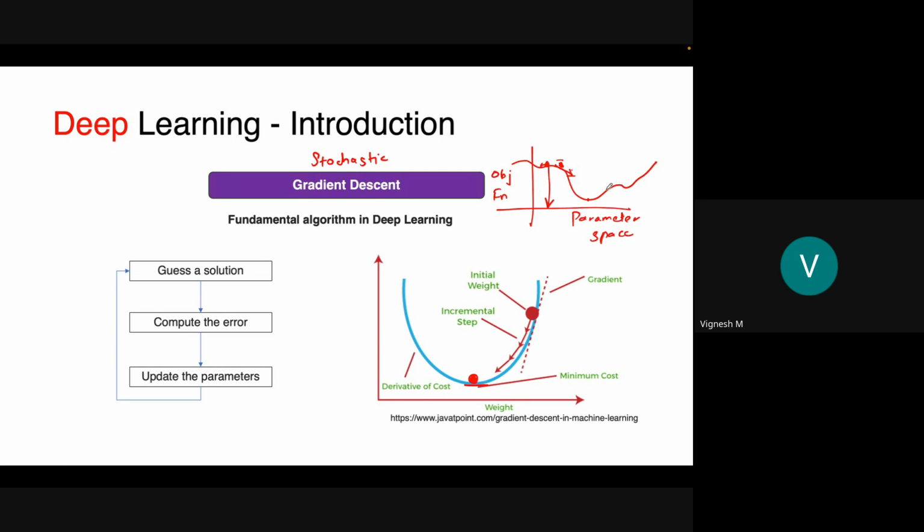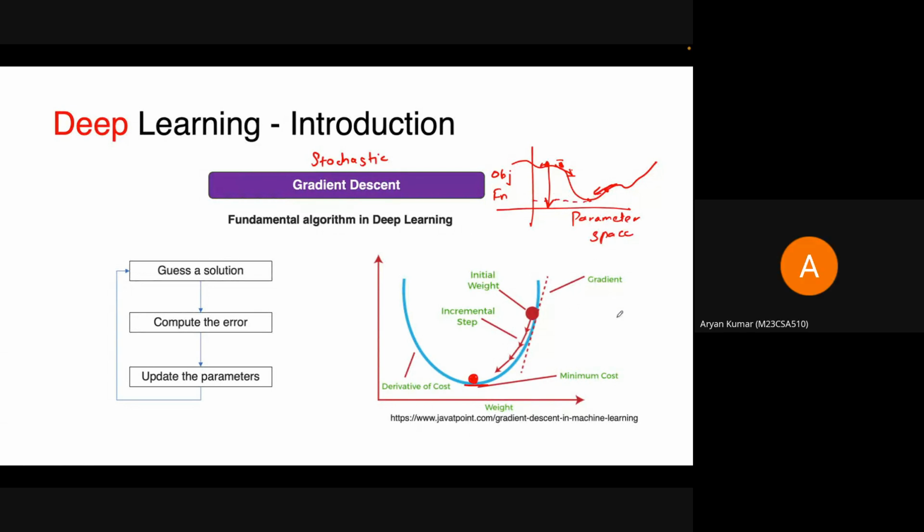So if you are here, this is the slope at this point. Let me erase that. That's the slope, right? And you want to take the direction that takes you to the negative of the slope, or down this gradient. And that's how you will end up in that bowl. Okay. If this corresponds to the minimum error, for instance.